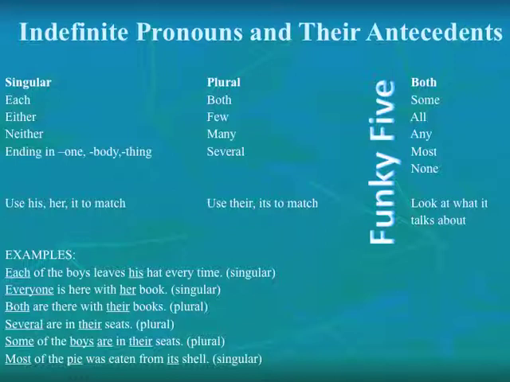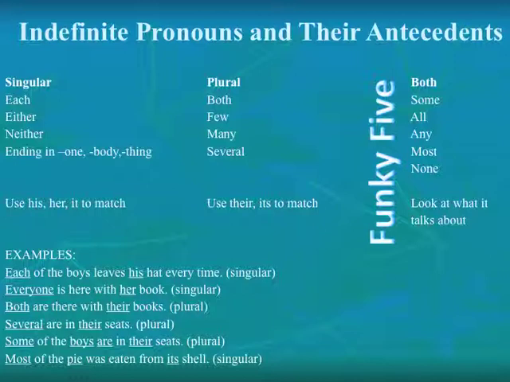Each pronoun matches. Finally, the last 2 of the funky 5. We're going to look at what it talks about, which is underlined in the sentence, to know whether or not the pronoun is singular or plural, and then we choose our pronoun. Let's try it out. Some of the boys are in their seats. Some stands for boys.